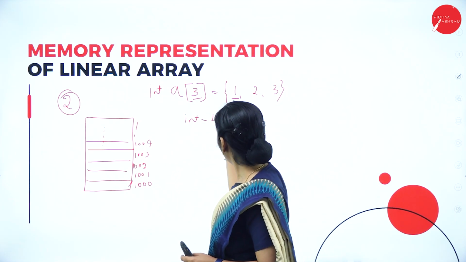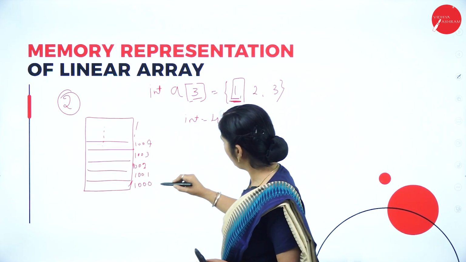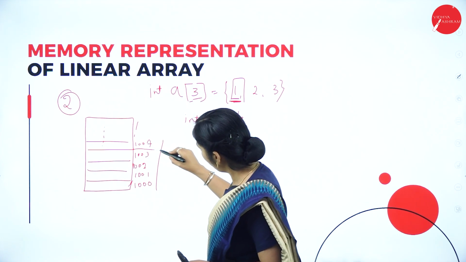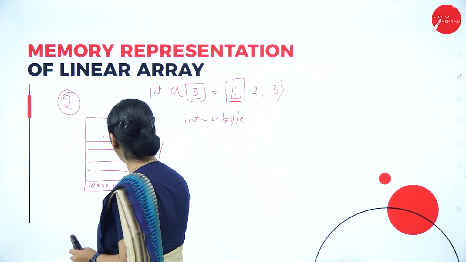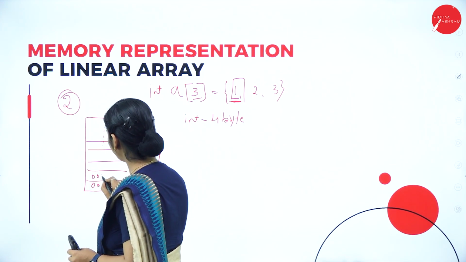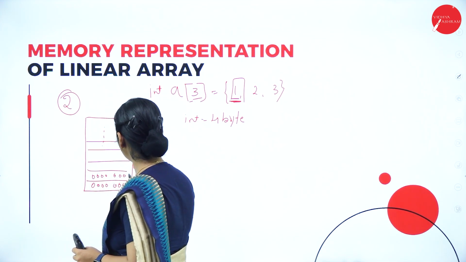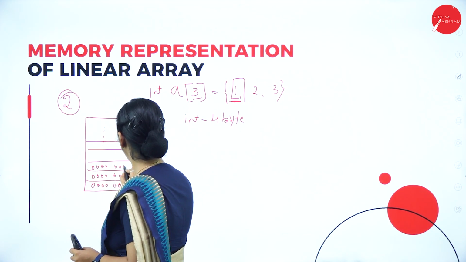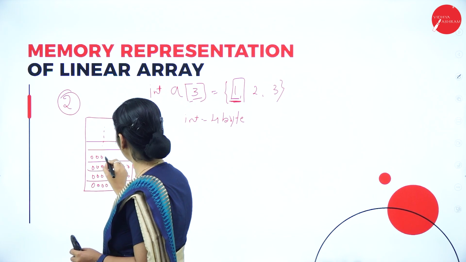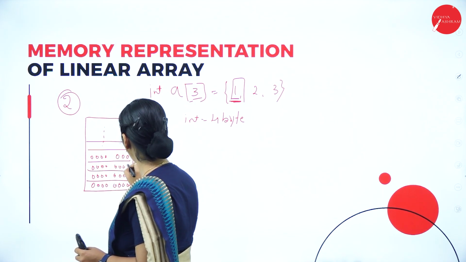Each block holds one value. If you want to store the value 1, it will take 4 bytes: the first 3 bytes will be all zeros, and the last byte will be 0000 0001.